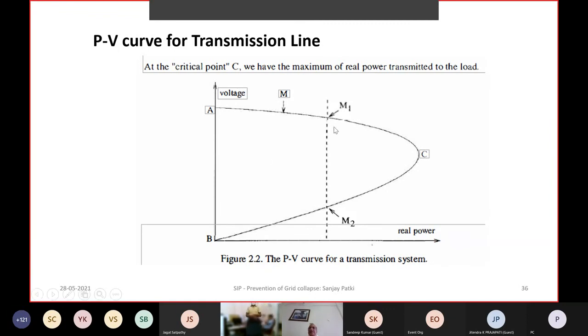To maintain the voltage at the receiving end, you may have to provide reactive support. So you may insert a capacitor, static var compensator, STATCOM, at a suitable point so that this terminal voltage doesn't drop to a very low value.